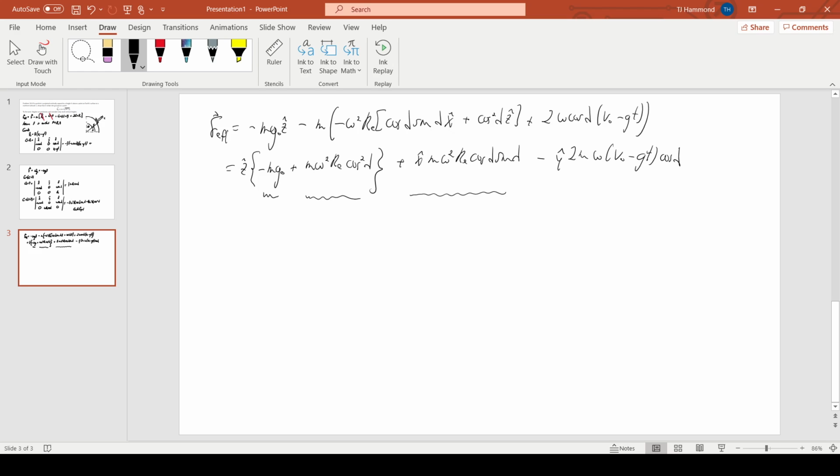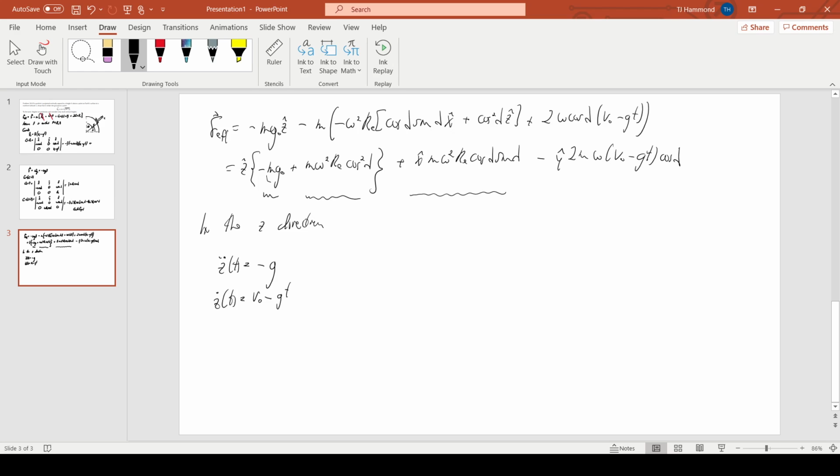So in the z direction, we have z double dot of t is negative g, and so we get z dot of t is negative, v naught minus gt.